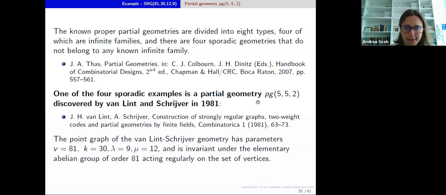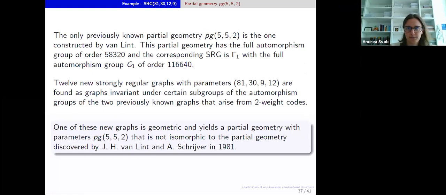If you calculate the parameters of the point graph of this partial geometry, you will obtain that the parameters of the graph are 81, 30, 9, and 12. This graph, related to the Van Lint-Schreiber geometry, is invariant under the elementary abelian group of order 81, which is acting regularly on the set of vertices.